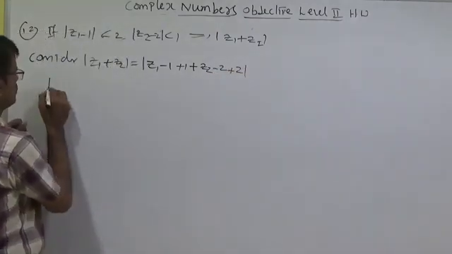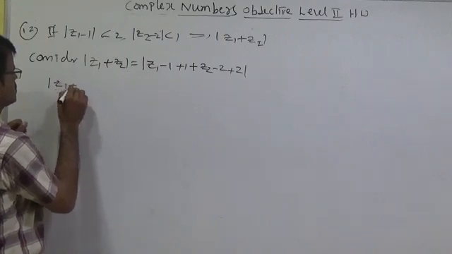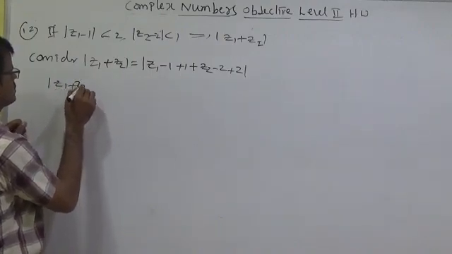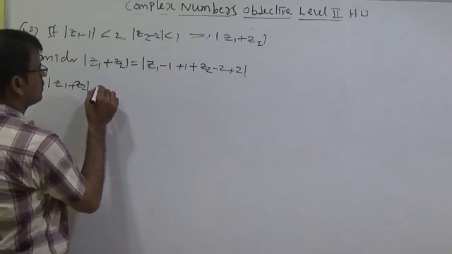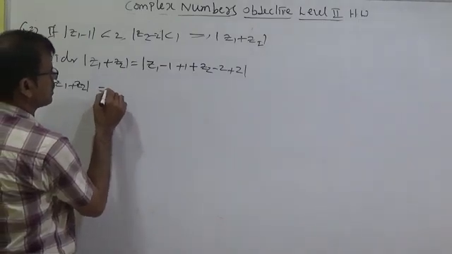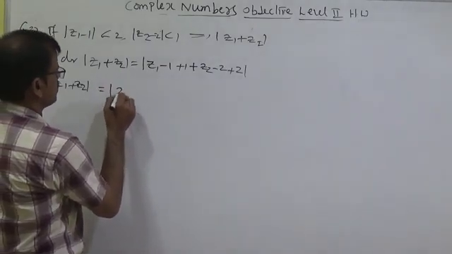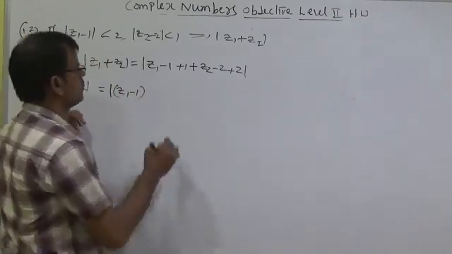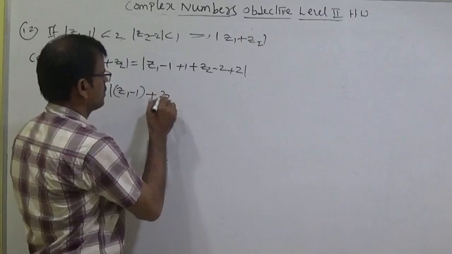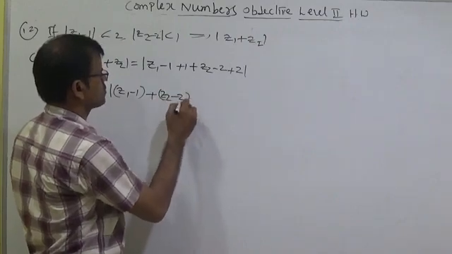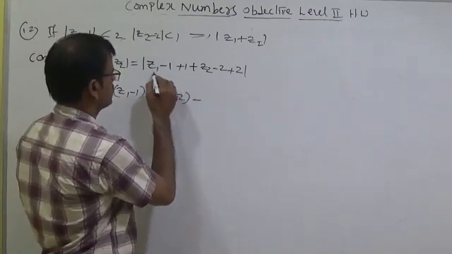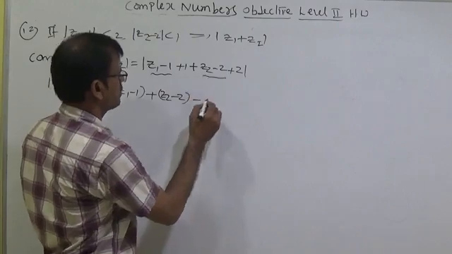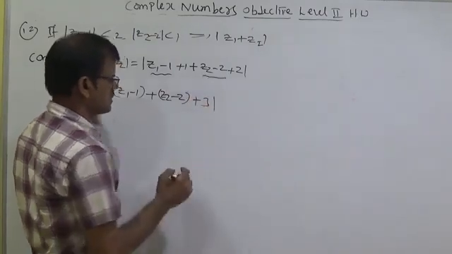So write like this. Modulus of Z1 plus Z2 is equal to, like this we can write, modulus of Z1 minus 1, write in a bracket, plus modulus of Z2 minus 2, write in a bracket, and minus like this. This one completed, this one completed. So this is plus 3.